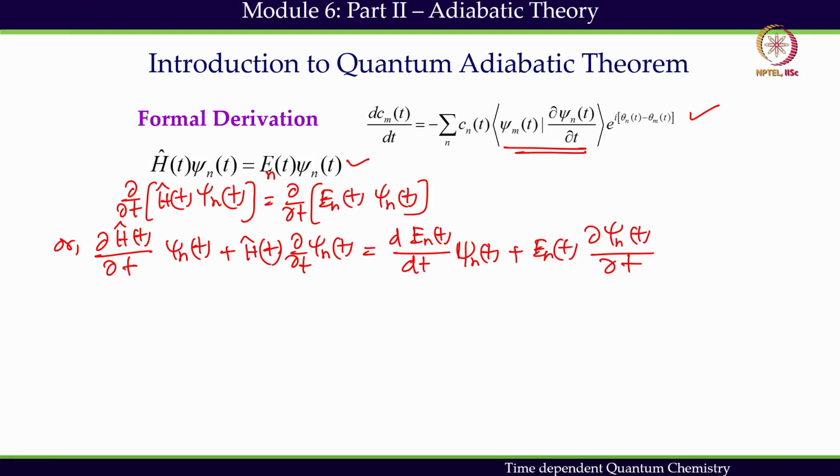Now if we multiply, again we'll use the same trick. If we multiply from the left hand side, then what I get is psi m star, we are multiplying from left hand side and integrating over the coordinate space. We will have this psi m(t), then this, then psi n(t).